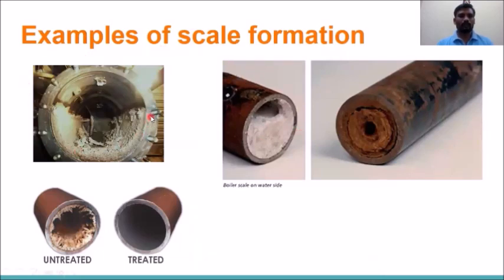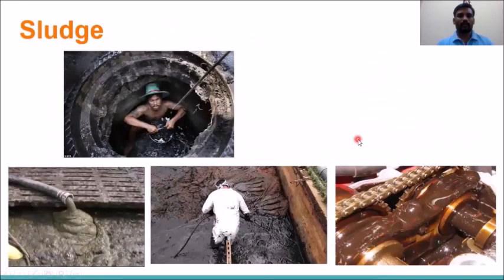See this pipe: there are some salt depositions inside the pipeline, and here is untreated and this is treated. The untreated one is the scale formed substance, and this is the cleaned one. Similarly, you can see a few more pictures over here. And this is the sludge formation. Already we know that sludge is the loose precipitate, and it can be deposited at the bottom or top of the layer.